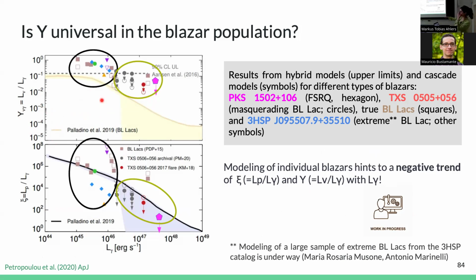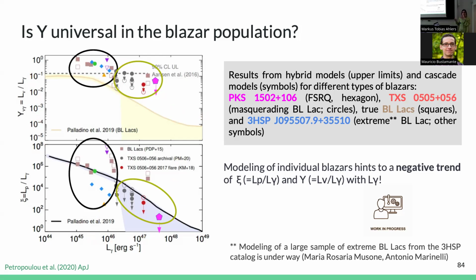And here I show you some examples. These are the estimates we have for Texas. These are some other previous blazars that we have modeled in the past. And you can see that on average, there is a trend of this Y parameter with gamma ray luminosity, a hint for a negative trend.